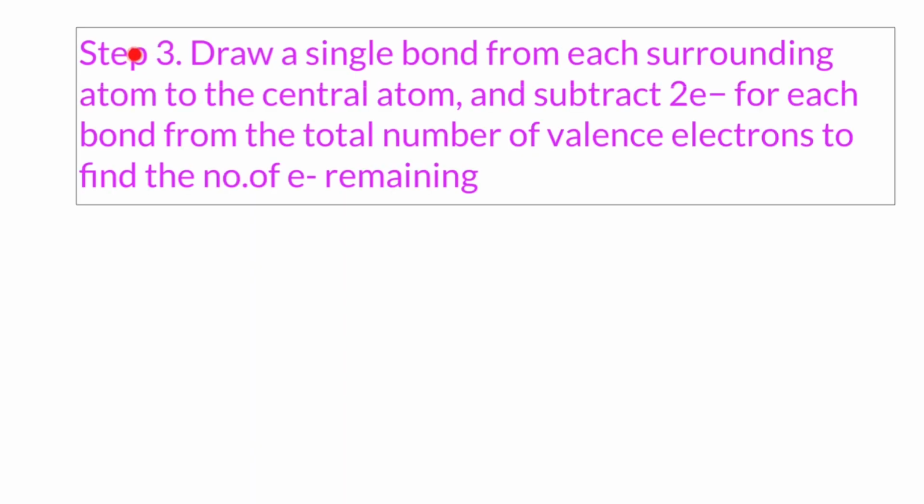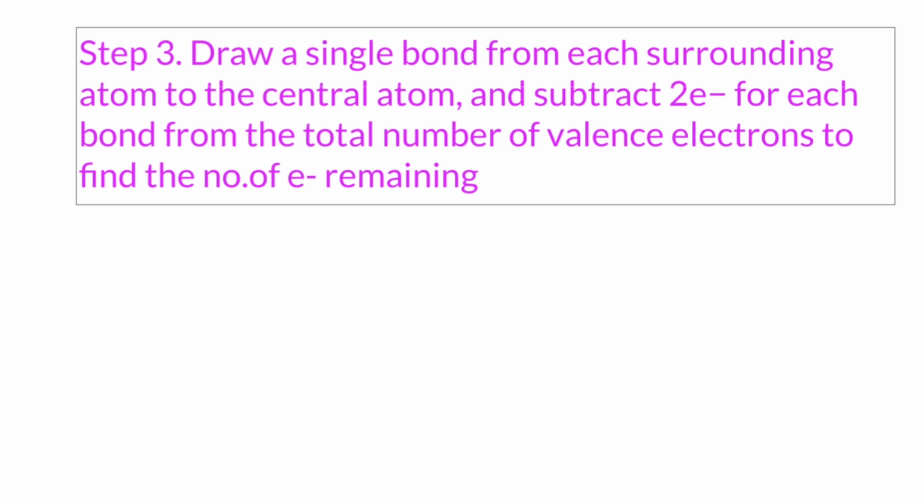Now step 3. Draw a single bond from each surrounding atom to the central atom and subtract 2 electrons for each bond from the total number of valence electrons to find the number of electrons remaining. Now carefully you have to listen.